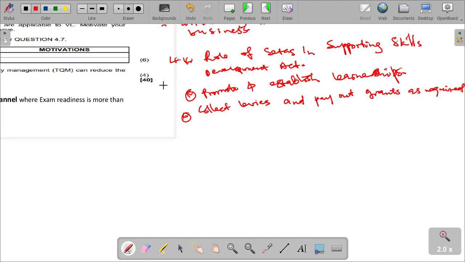SETAs also provide accreditation for skills development facilitators.